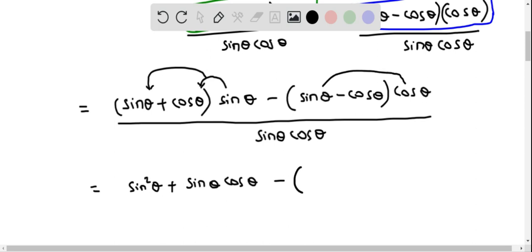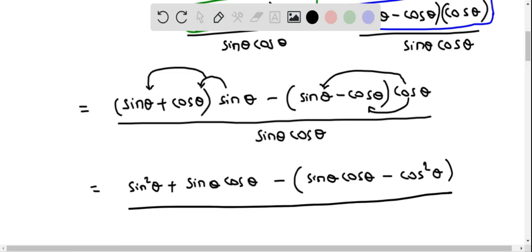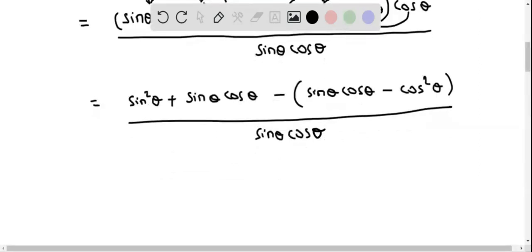Now I will have to multiply this sin theta with the cos theta. I get sin theta cos theta, and then cos theta with negative cos theta, I will get negative cos squared theta, and this should be all over sin theta cos theta.